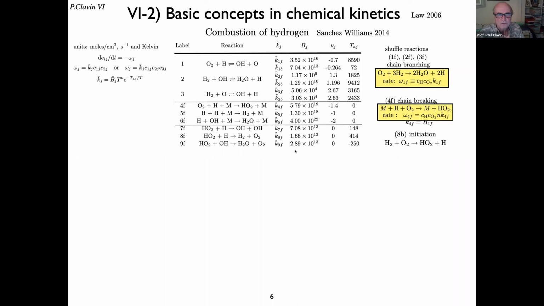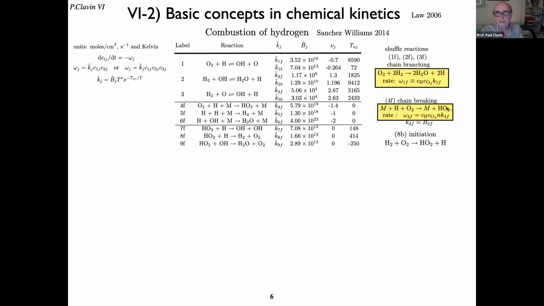It is not the case. You see, these peroxides are recycled by reactions 7F, 8F, and 9F. But to begin with, one can just consider that the peroxide is almost inert.